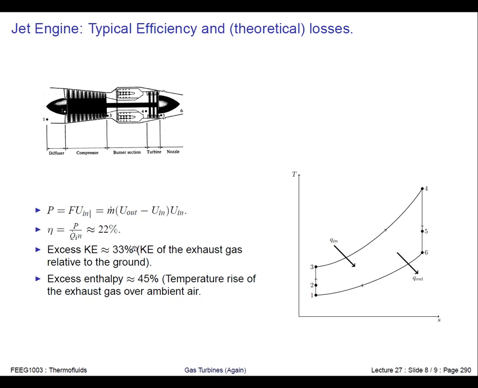So this means only 1 kilo of the 5 kilos of fuel that you burn actually generates thrust. The rest is kind of squirted out the back of the jet engine. Doesn't really do very much. Most of this is down to the excess enthalpy. So this is because you're squirting high temperature gas out the back of the nozzle, and if you could squirt cold gas out the back of the nozzle, you could increase the efficiency by a factor of 3.